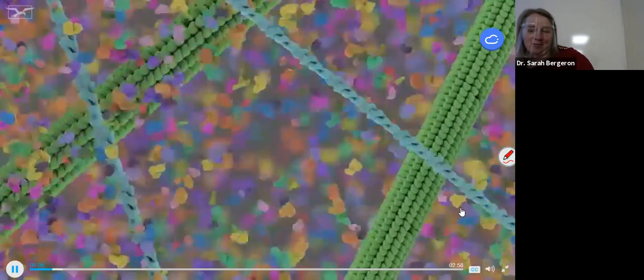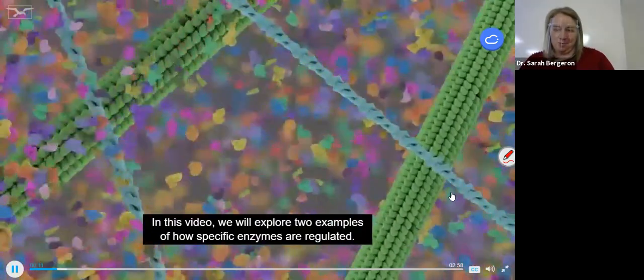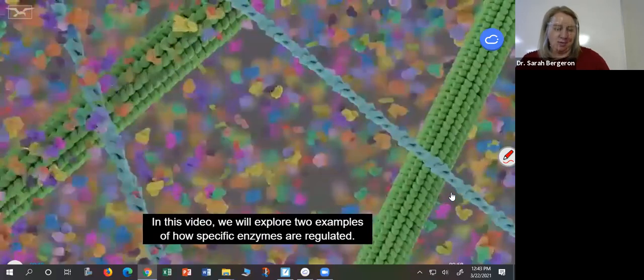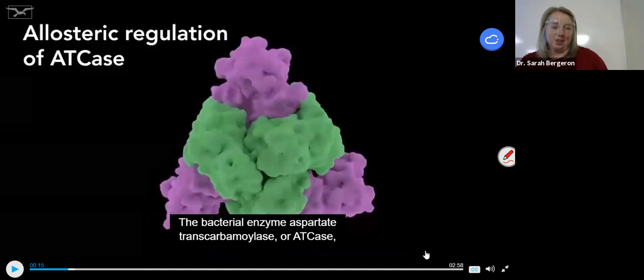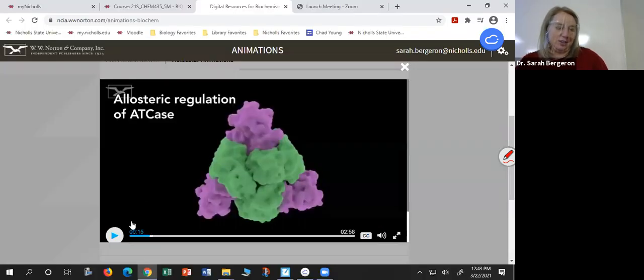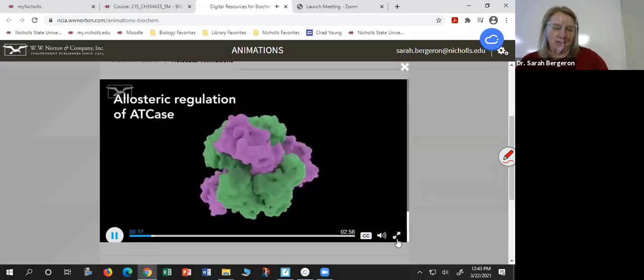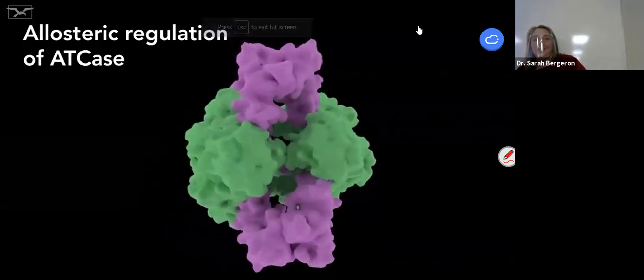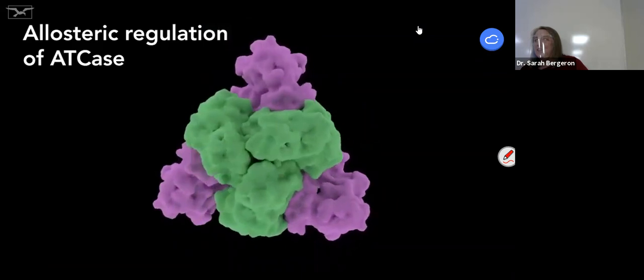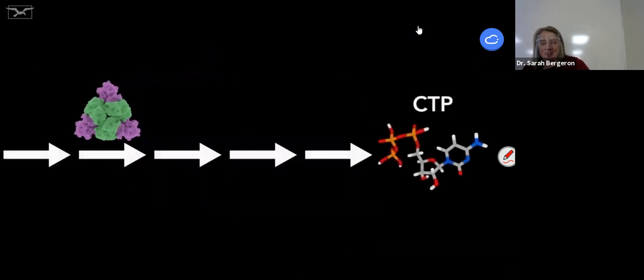In this video, we will explore 2 examples of how specific enzymes are regulated. Aspartate transcarbamoylase, or ATCase, is an example of an enzyme that is regulated with allosteric mechanism. ATCase is responsible for an early step in the production of the nucleotide cytosine triphosphate, or CTP.